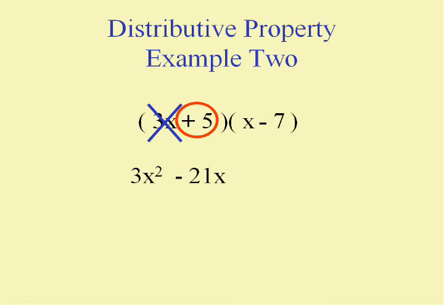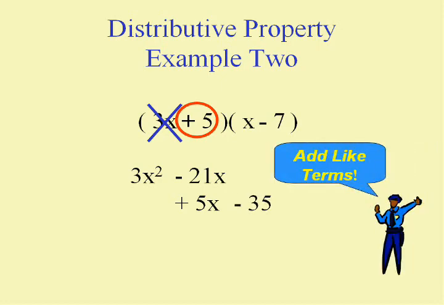So once again, let me draw lines. 5 times x is 5x. Now I'm going to write 5x underneath the negative 21x, because I know they're getting together later, if you know what I mean. And a positive 5 times a negative 7 is a negative 35. And I don't see any term that he's alike with, so I'll just write him over there.